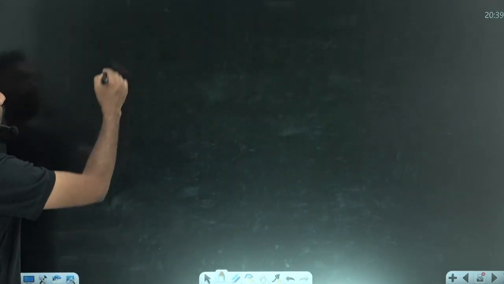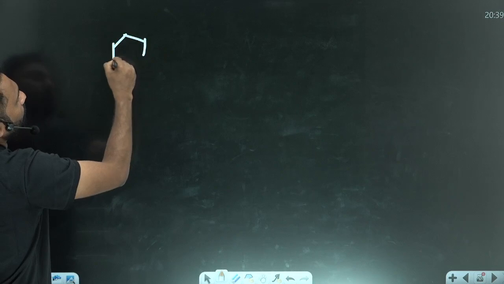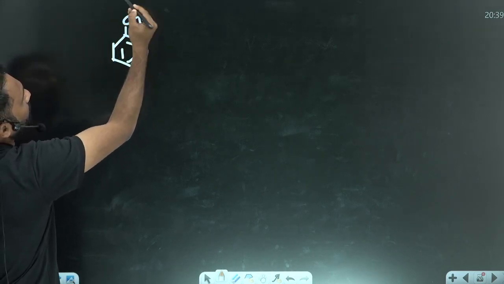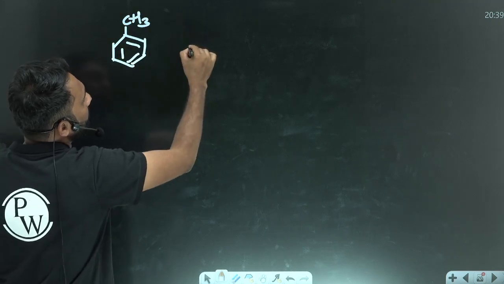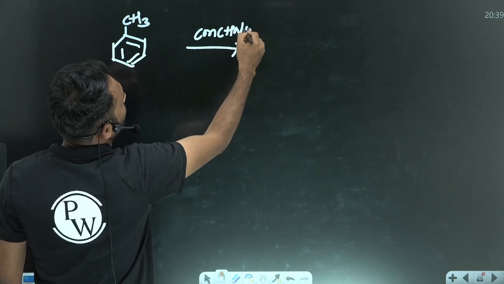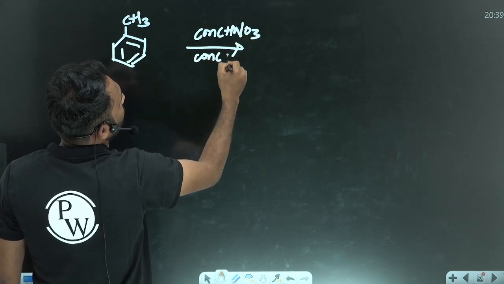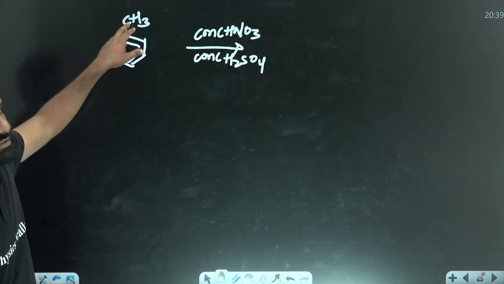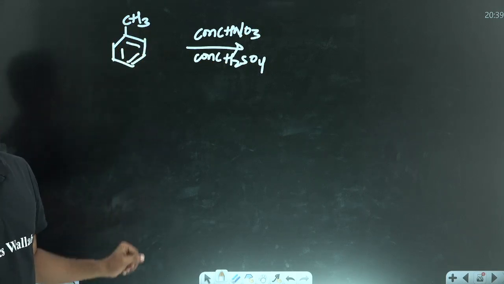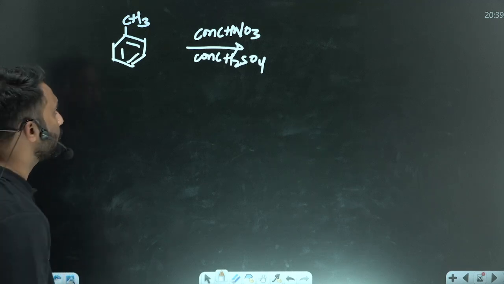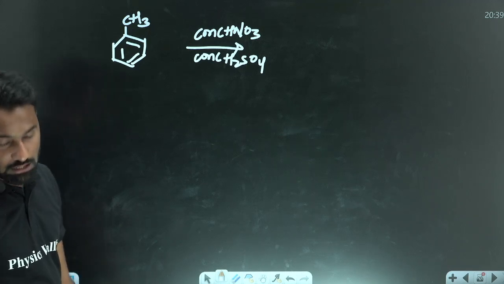If concentrated HNO3 and concentrated H2SO4 are given, we have to remember one thing. Now this will increase the electron density at which positions? The ortho and the para positions.